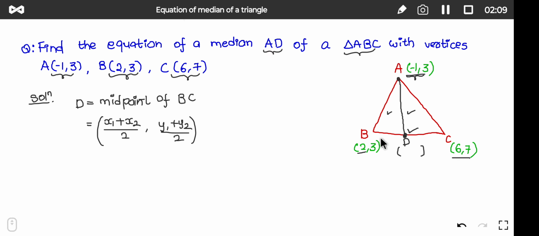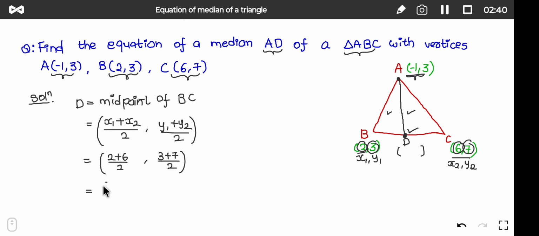Since D is the midpoint of BC line, let's say B point is (x1, y1) and C point is (x2, y2). If we substitute the values, x1 is 2, x2 is 6, so (2 plus 6) divided by 2, comma, y1 is 3, y2 is 7, so (3 plus 7) divided by 2.